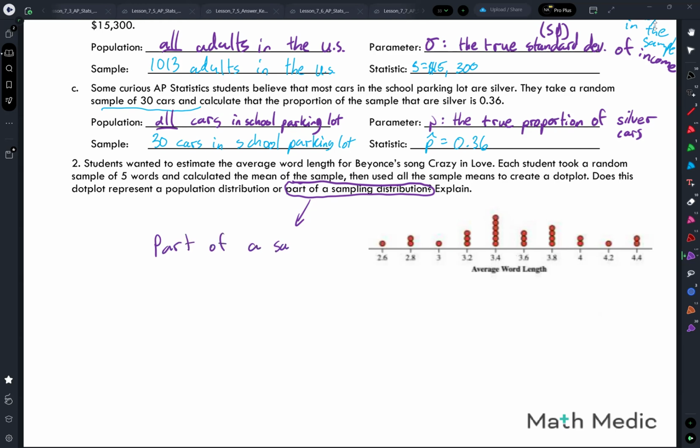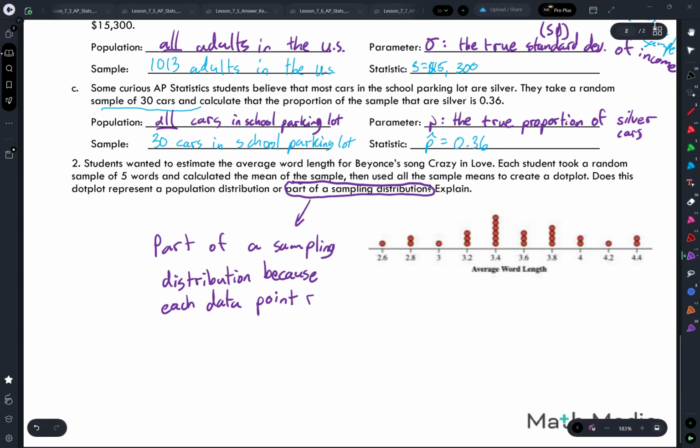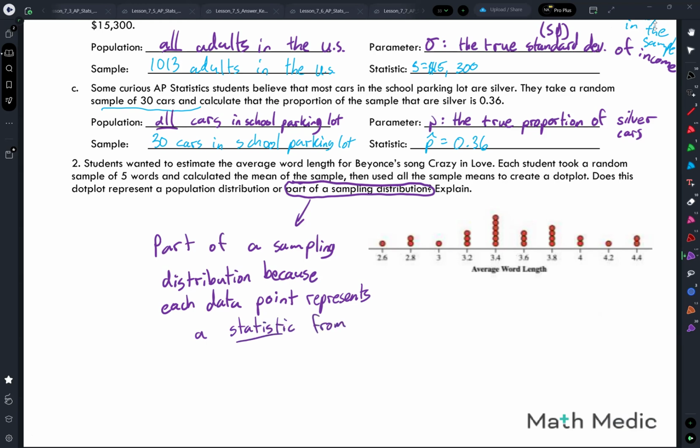It is part of a sampling distribution because each data point represents a statistic from a sample.